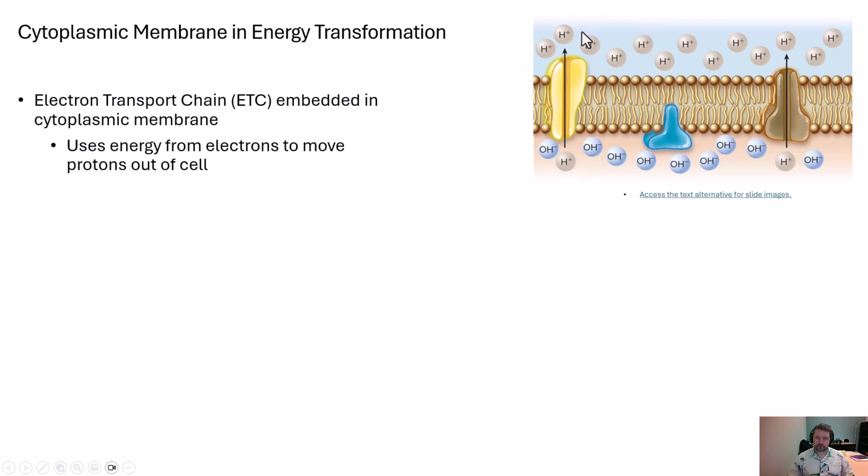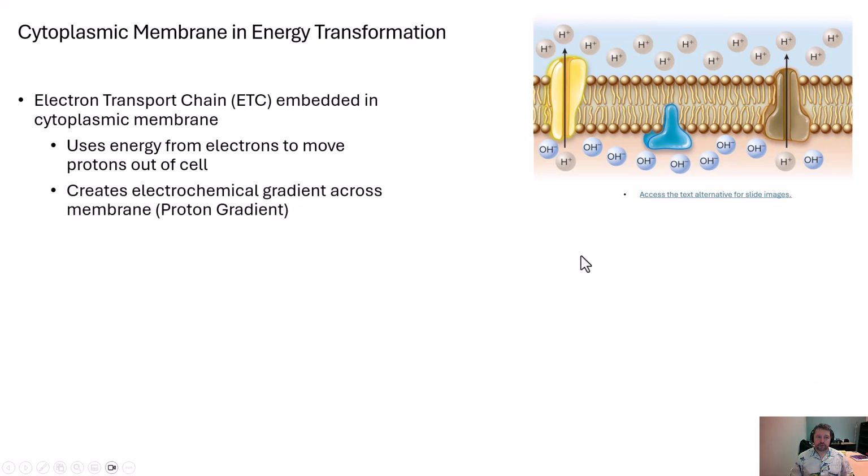You build up this gradient over here, and then they need to flow back into the cell. We often call that a proton gradient or a proton motive force, because the energy to generate things like ATP is driven by protons.